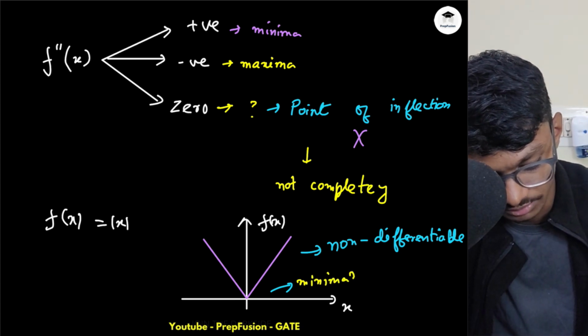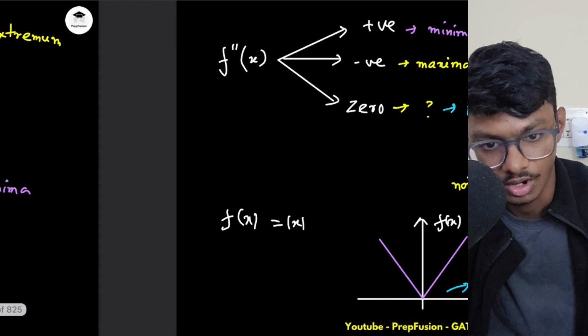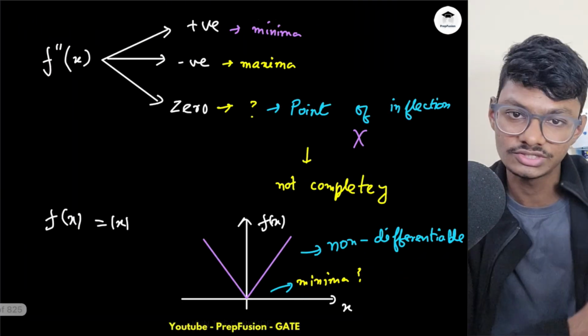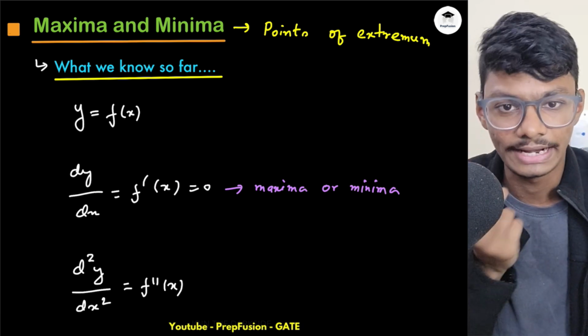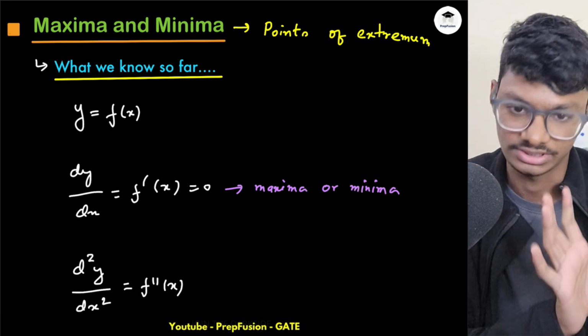How can this happen? So one thing is for sure, I have a minima over here, so that means it is not necessary that the function has to be differentiable for minima or maxima to exist.